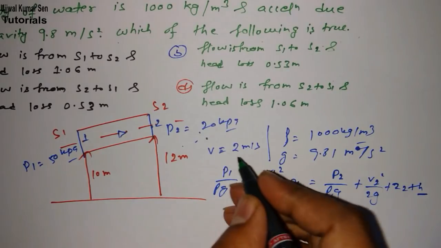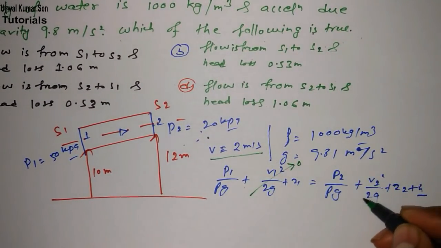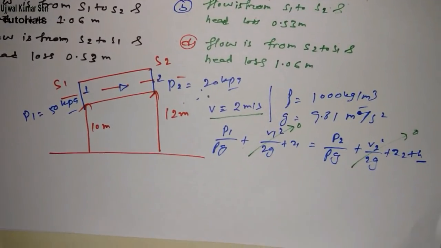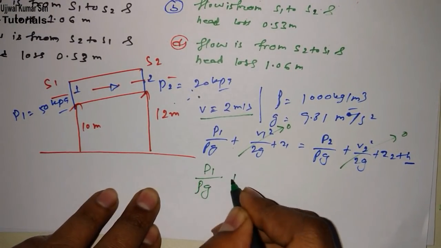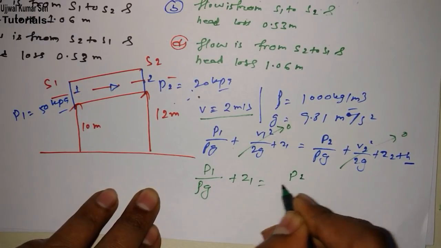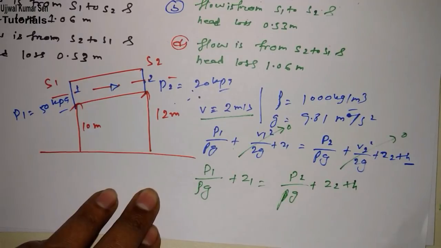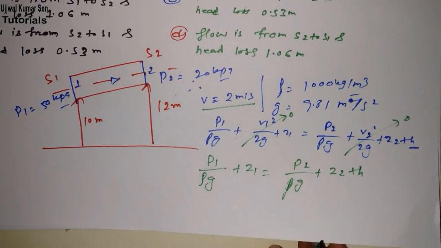But here velocity is 2 meter per second at both sections, so the velocity terms cancel out. After cancelling, the equation is P1 by rho g plus Z1 equals P2 by rho g plus Z2 plus H.